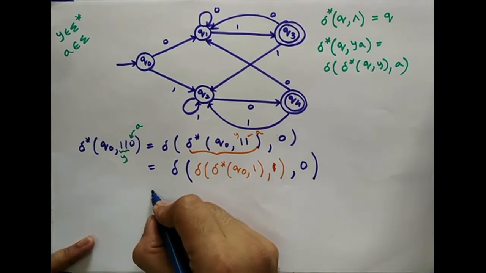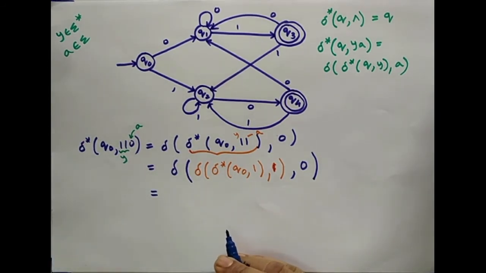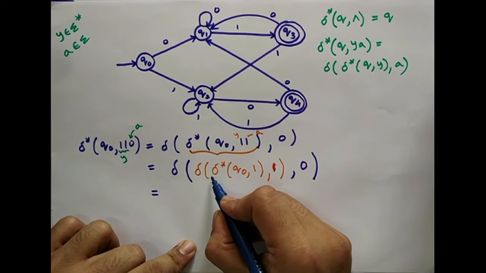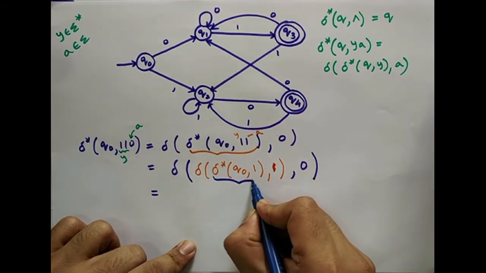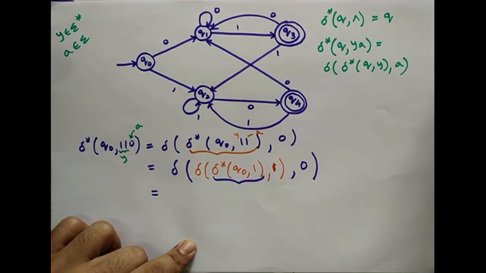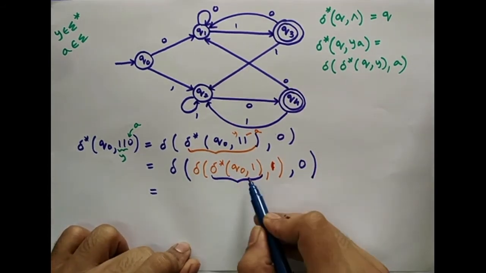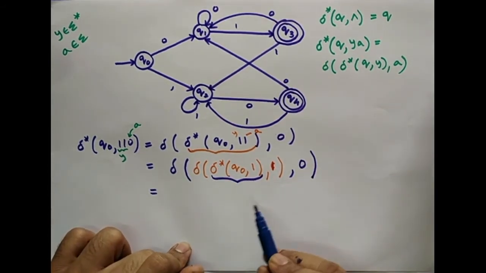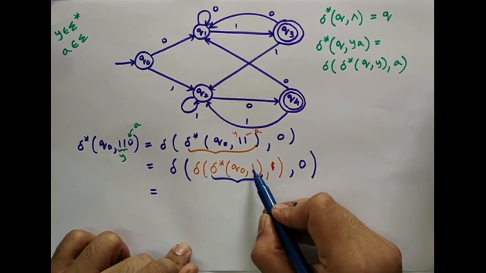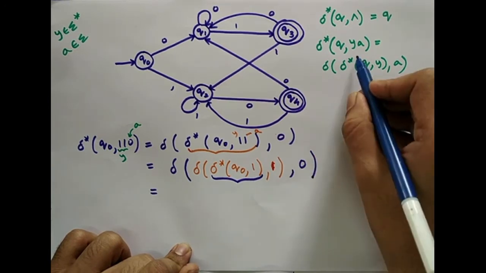Fine. So next we have to now find out what is delta star of q naught comma 1. Again the length of the string here, is it null? No, the length is not 0, length is 1. So again this formula.